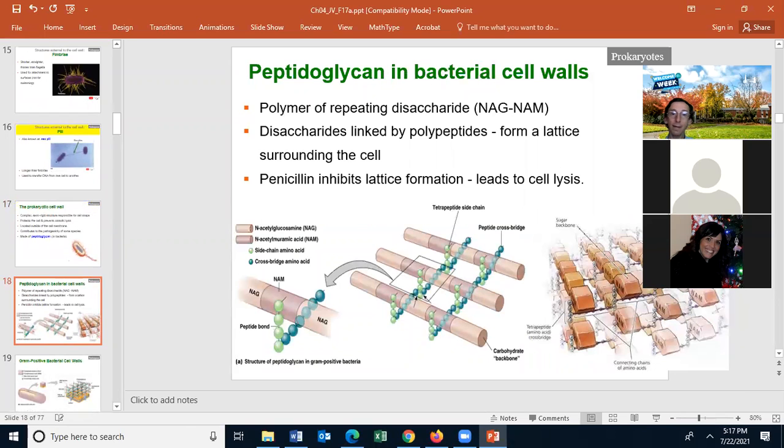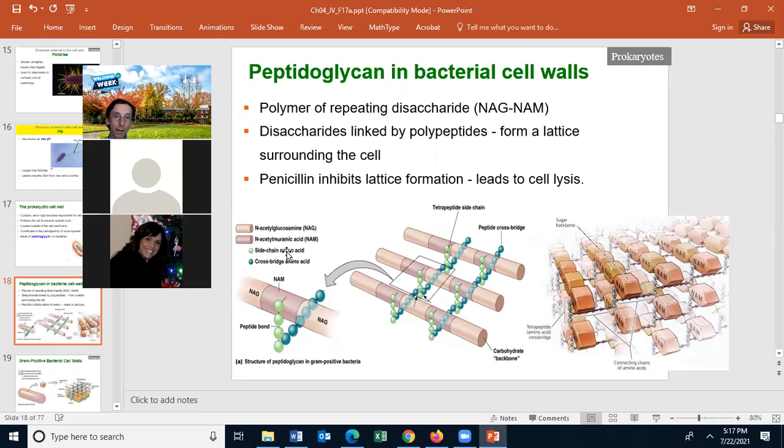Peptidoglycan is a repeating polymer of two saccharides, so we call it a repeating disaccharide, and the names are NAG and NAM. NAG is N-acetylglucosamine, and NAM is N-acetylmuramic acid.